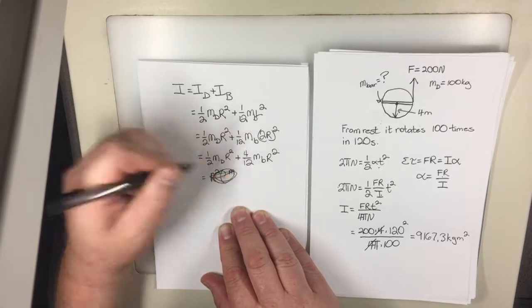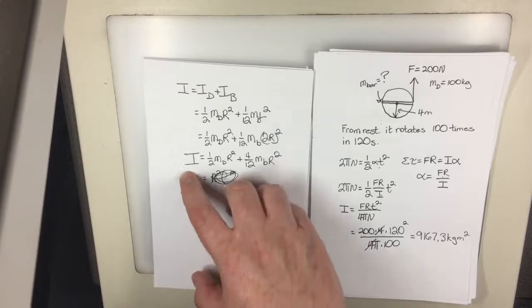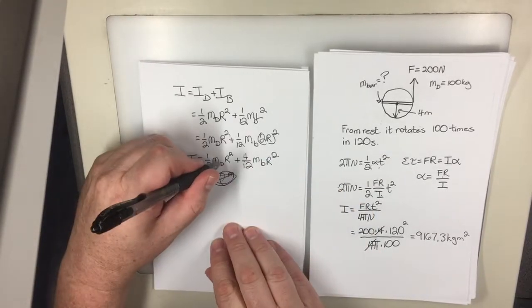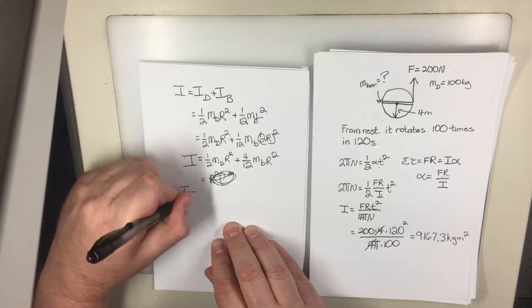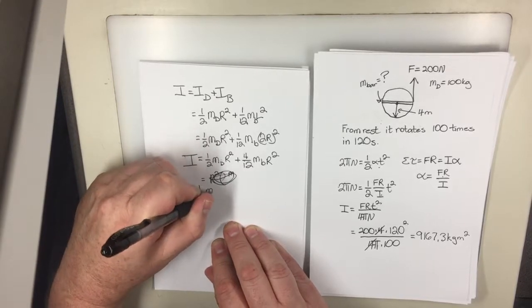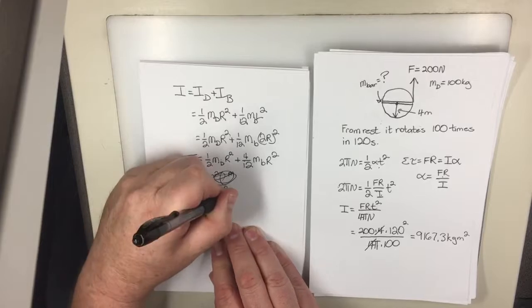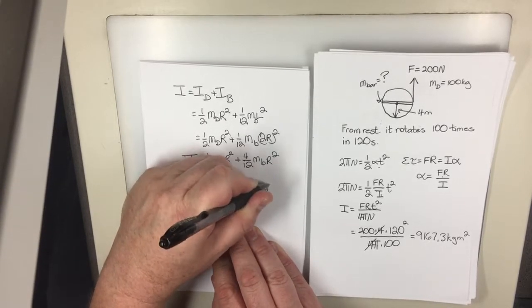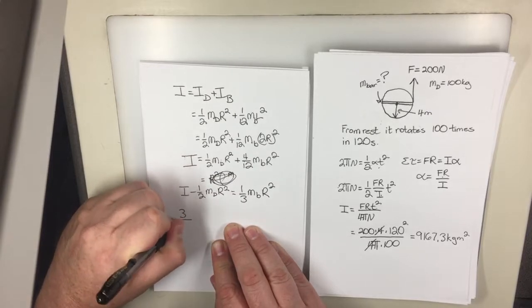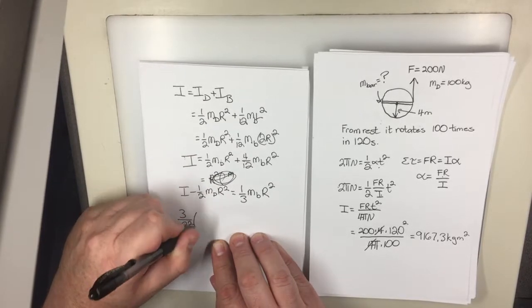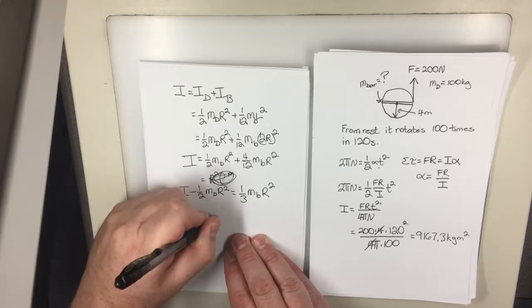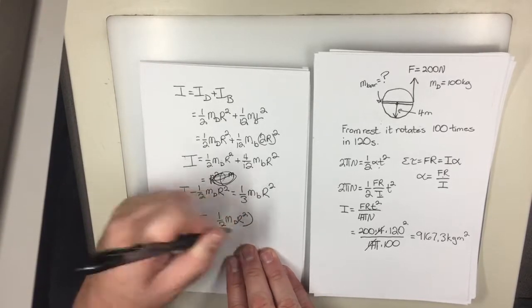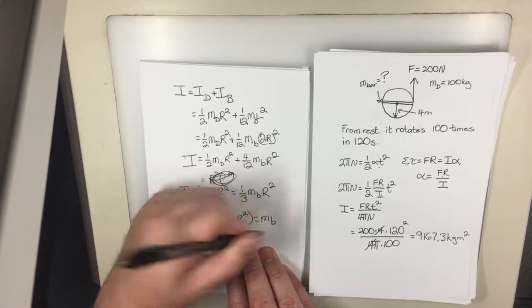Oh, actually, I'm not going to factor that out at all. So I get this. The whole goal is to find the mass of the bar. So I move this over there. I minus 1/2 mass of the disk r squared is equal to 1/3 mass of the bar r squared. So 3 over r squared times I minus 1/2 m_d r squared is equal to the mass of the bar.